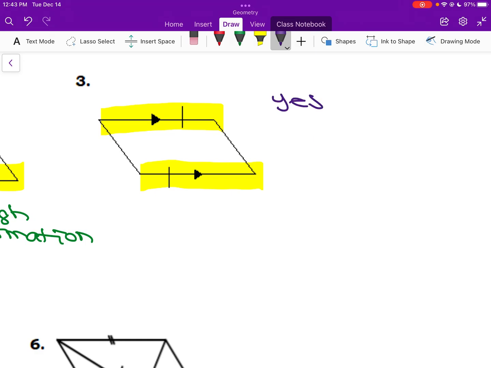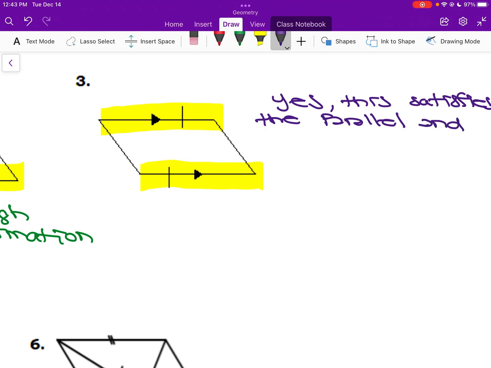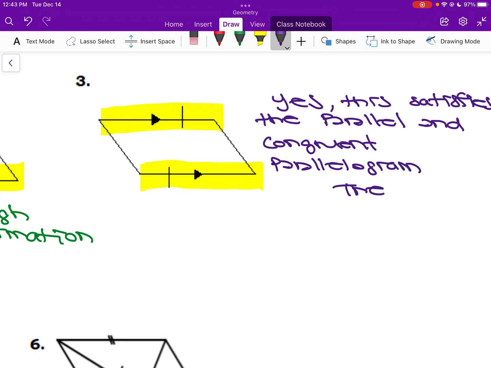Because we have those criteria met, this satisfies the parallel and congruent parallelogram theorem, because parallel and congruent criteria are met.